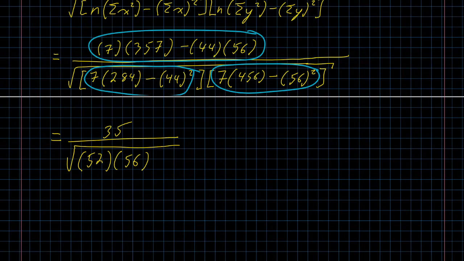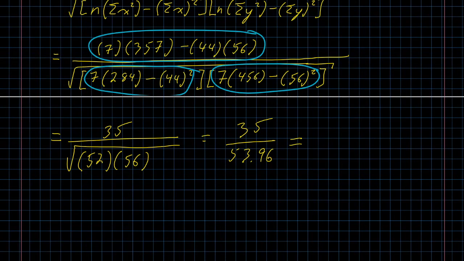Now I can do the rest of that work in the denominator. I'm taking the square root of 52 times 56. My calculator tells me that this is an ugly decimal number that starts off 53.96.